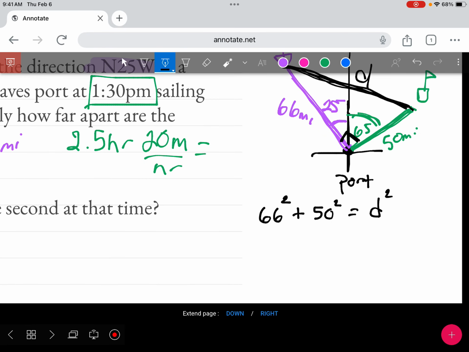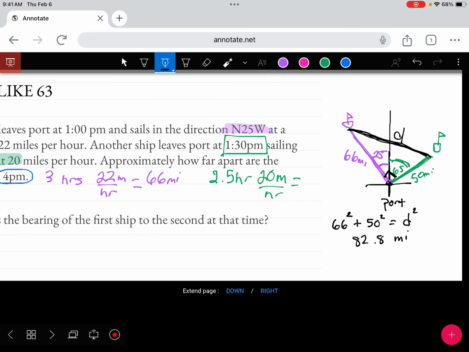So how far apart are they? 82.8 miles. I have way too many decimal points in that one. 82.8 miles.